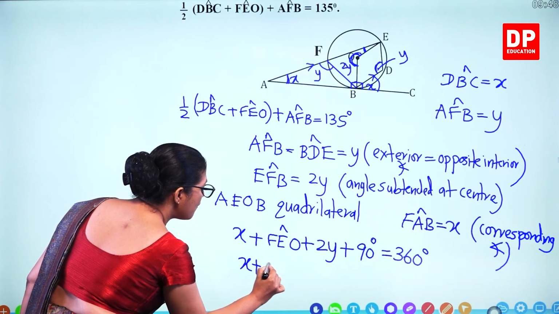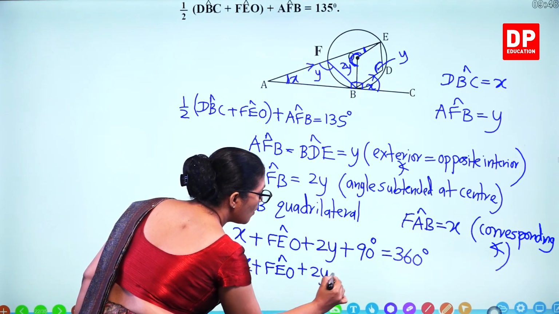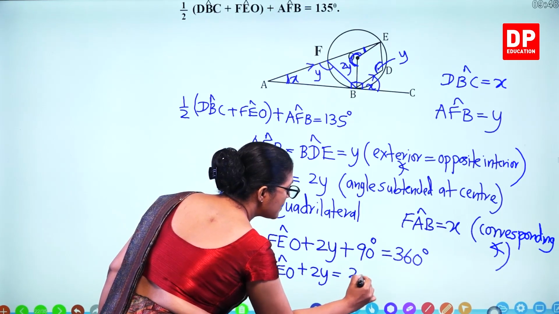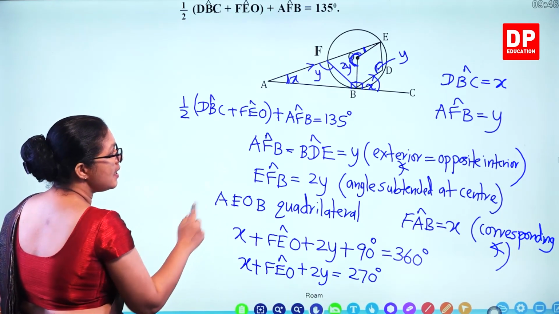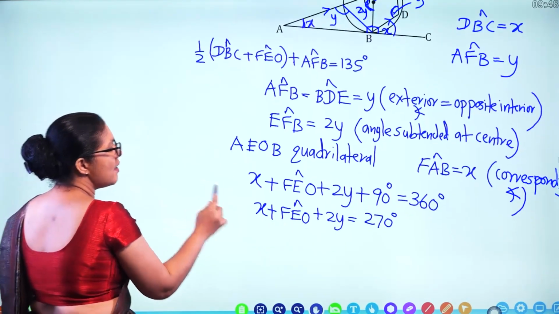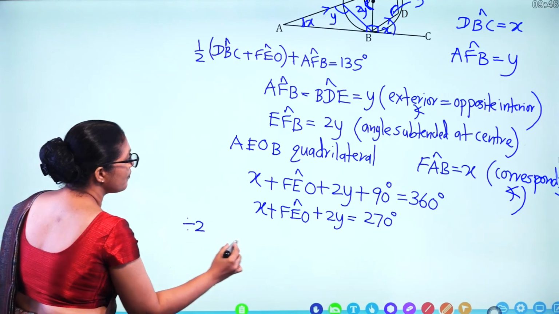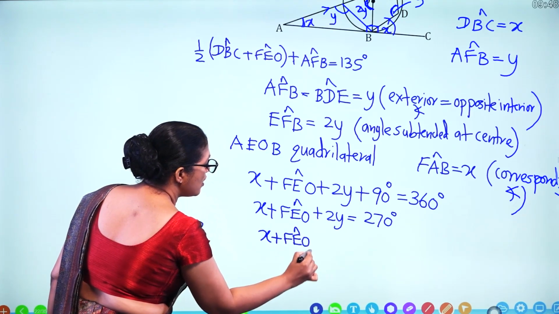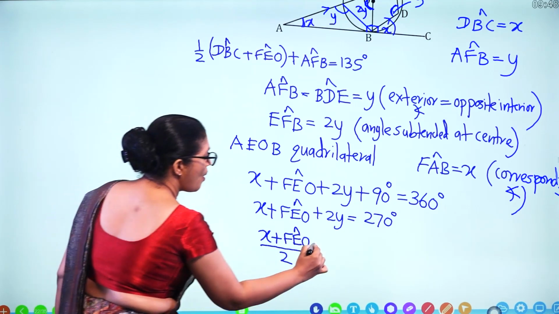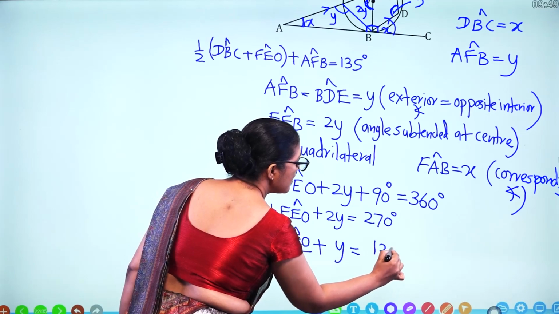X plus FEO plus 2y equals 360 minus 90, 270. Now we need 135. That means we can divide the whole equation by 2. X plus FEO divided by 2 plus y is equal to 135.